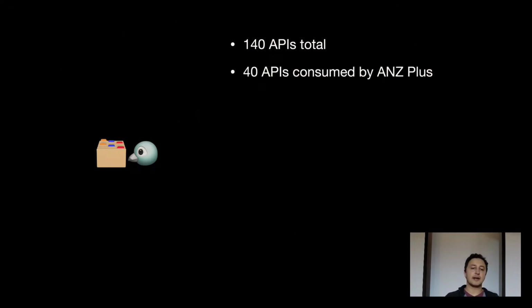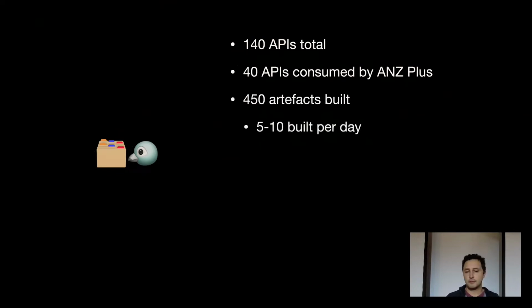At a specific time, we have 40 APIs being consumed by the NZ+ app. Since the system was conceived, we have generated 450 artifacts at a cadence of around 5 to 10 per day. And with the latest iteration of the build, with all the gains that we were able to achieve, thanks to Pete for a lot of help there as well, we're able to build each artifact in about 10 minutes.